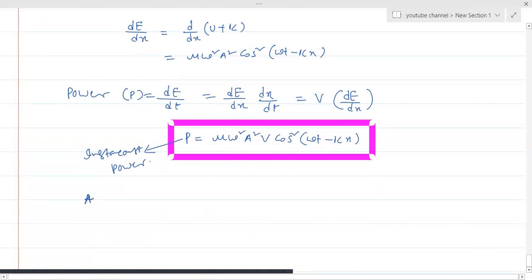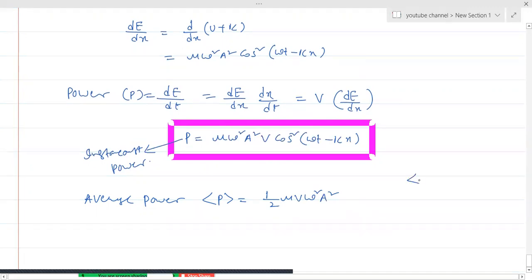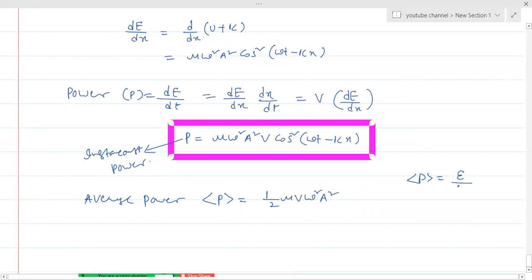And now we will think of average power. Average power is equivalent to half mu v omega square a square. Now we will remember this average power with a beautiful shortcut. Average power means energy by time.